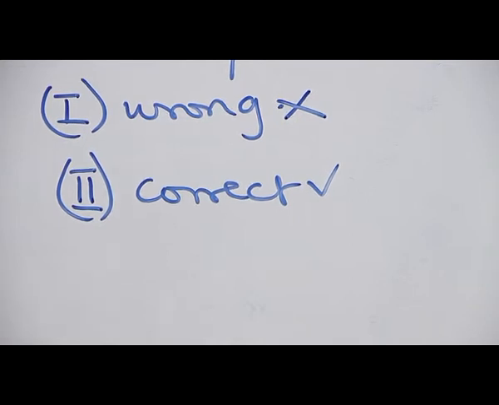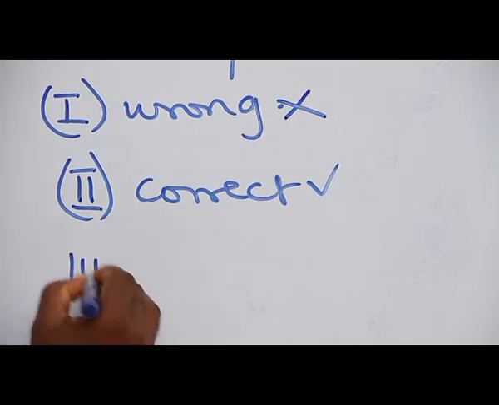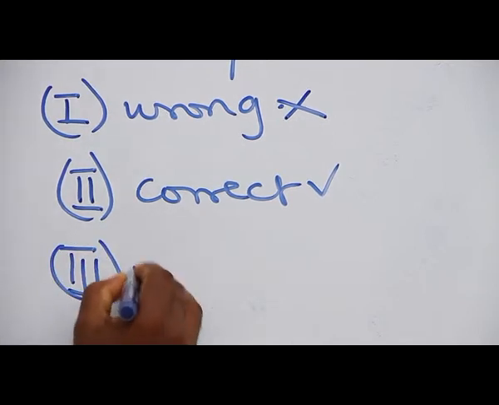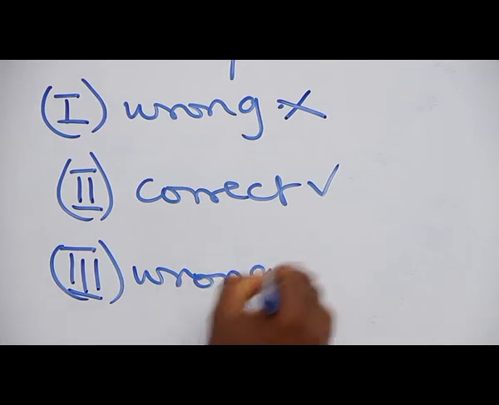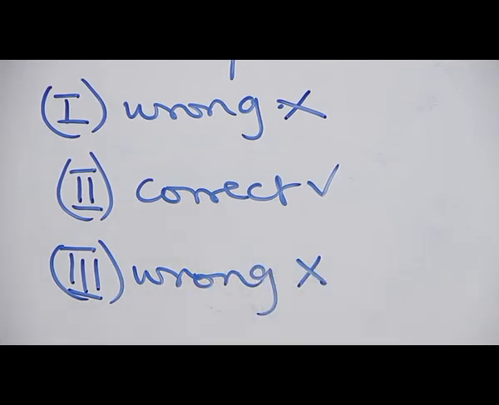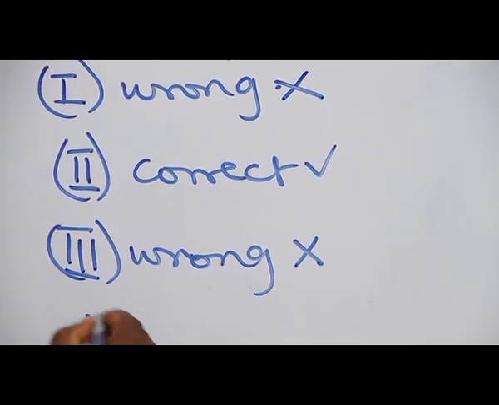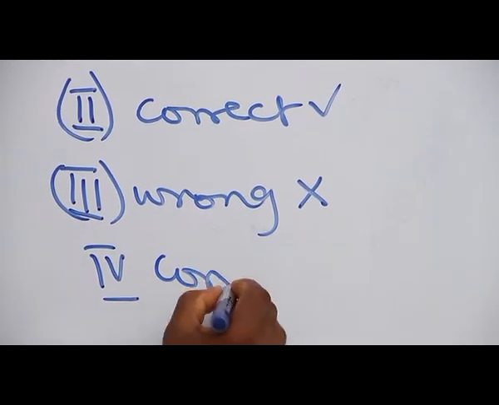So graph number 3 is wrong. Graph number 4 shows an inverse relationship between pressure and volume, which is correct for Boyle's law. Number 4 is correct.